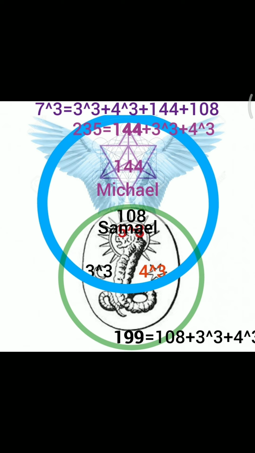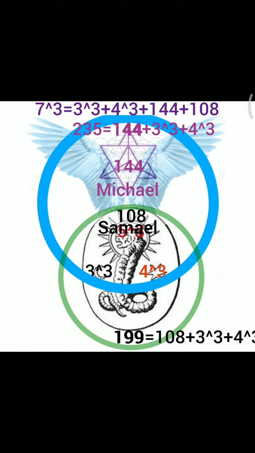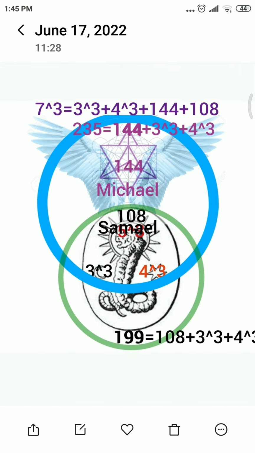But Christian mythology holds that where there is order, there is also chaos; where there is good, there is also evil. So these are two parts. 144 is like the angel, the good part of the system or order. Samael, 108, is supposed to be the evil part of it.